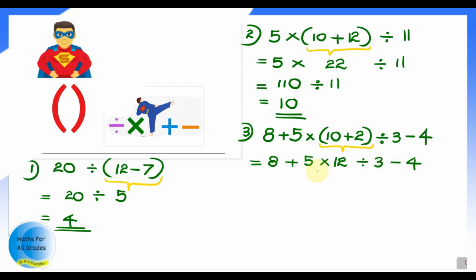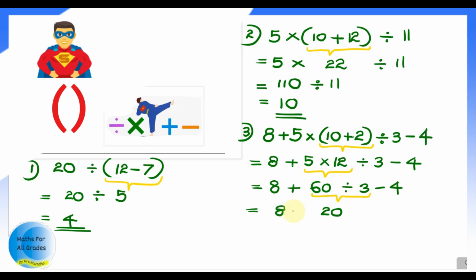Now we are going to focus on the multiplication and division, and we are starting from left to right. So first you have to do this multiplication. 5 times 12 equals 60. Now write down the rest of the question. 60 divided by 3 equals 20.